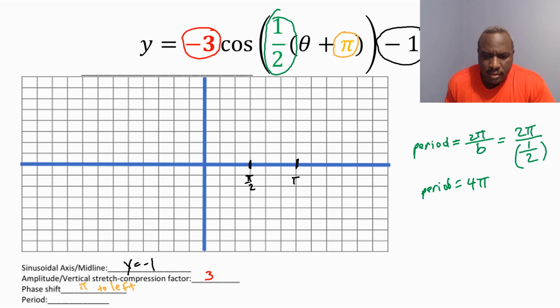This is pi radians or 180 degrees. 30, 60, 90, this is 270 or 3 pi/2 radians. And then we have 360 degrees at the end here, which is 2 pi. I'm going to go ahead and mark off the negative versions as well.